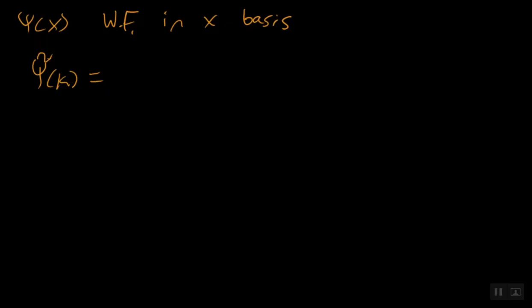And now we're not going to use k as the thing we sum over. Just like how in the x basis, we had phi sub a of x, we can't have phi tilde sub k of k. That wouldn't make sense.